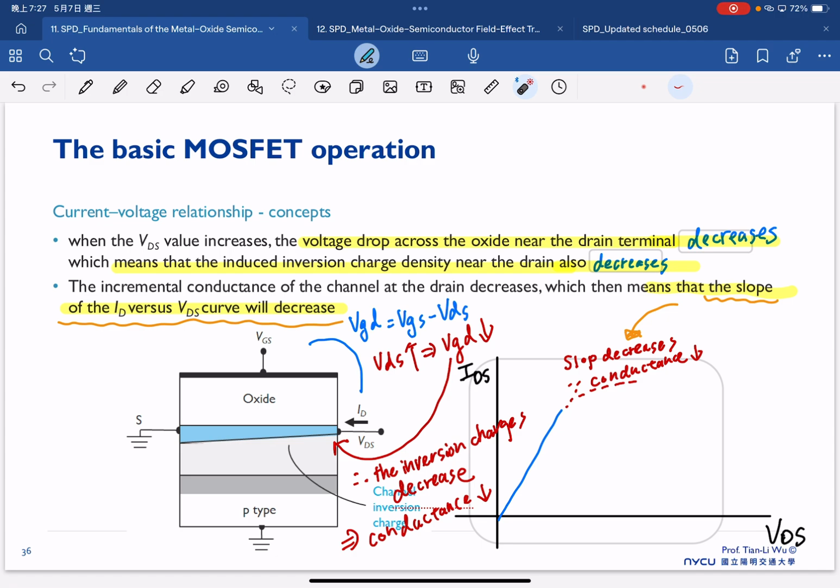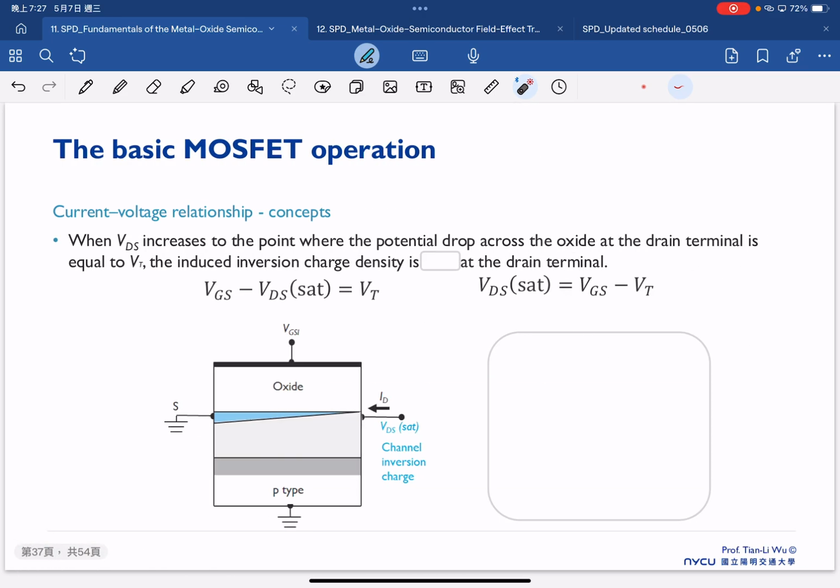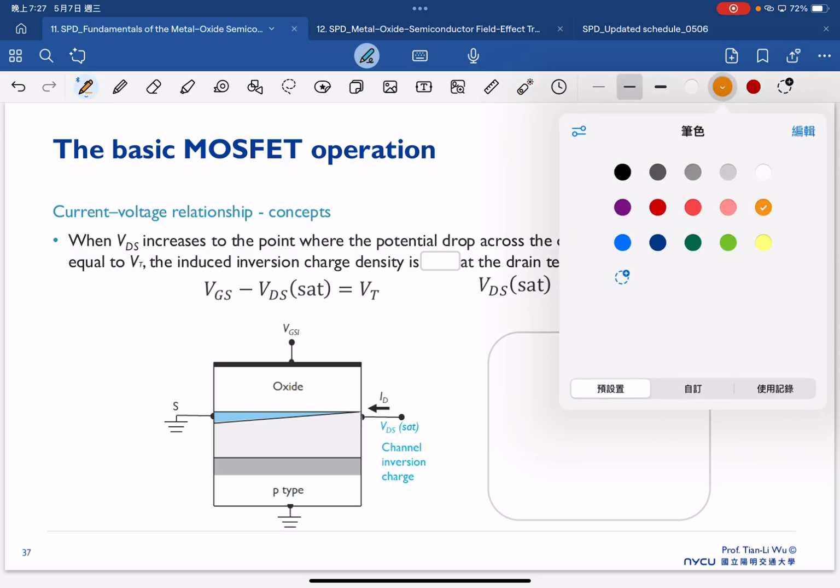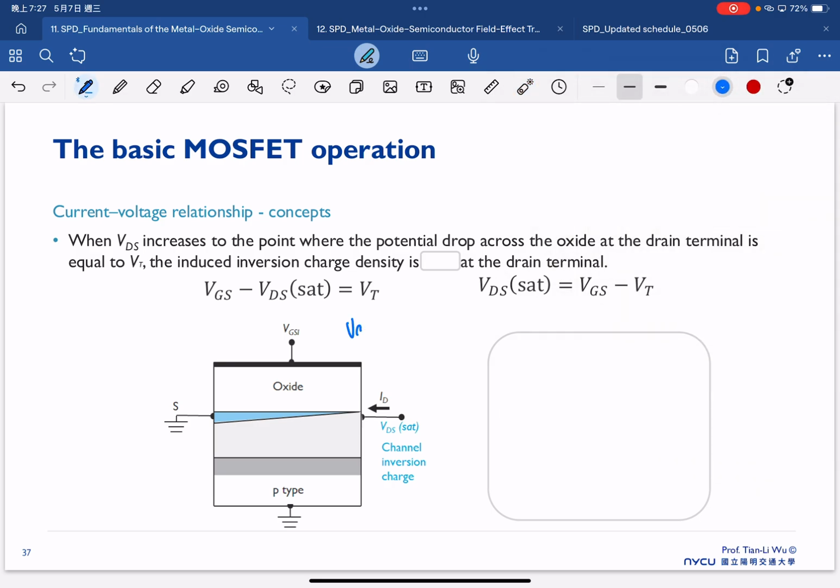And then if we continue to increase the VDS, we will reach one condition. At this moment, because right now VGS minus VDS is equal to VGD, if we keep increasing VDS, then our VGD will continue to decrease to the point equal to the threshold voltage.